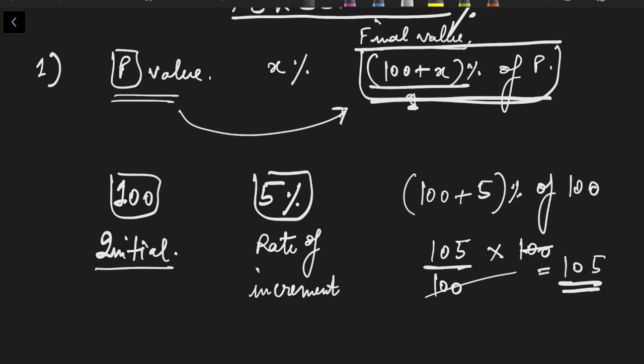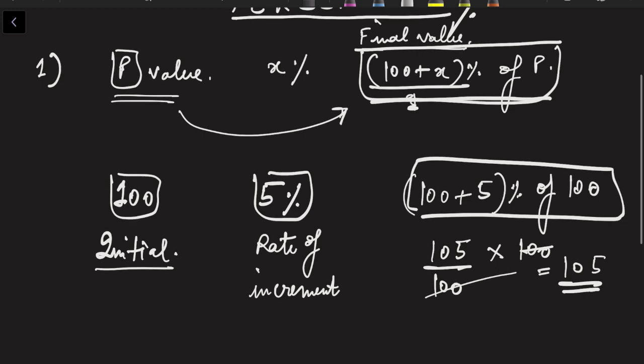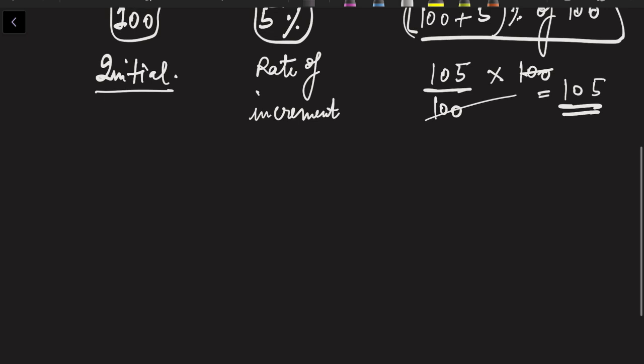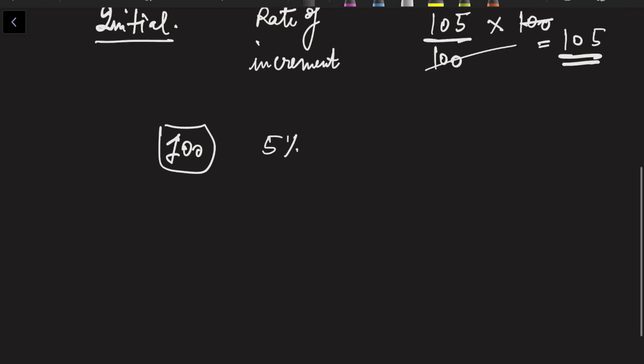But how did I get this formula, 100 plus X percent of P? What do I mean by this? I'm going to explain it to you. See, if I tell you that a certain value, let it be 100, has been increased by 5%, the final value will be 100 plus 5% of 100.